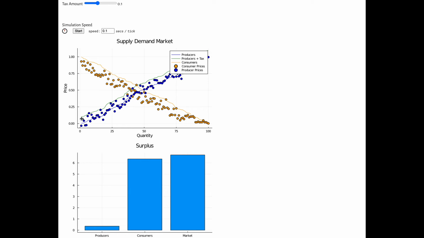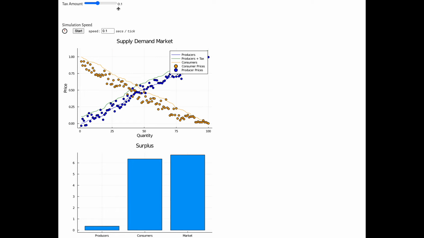You'll notice that I've added this green line over here, which is just a slightly shifted version of the blue line. The reason I've added this is that the minimum price the producer can accept changes. Say initially they could take a minimum price of 0.25.